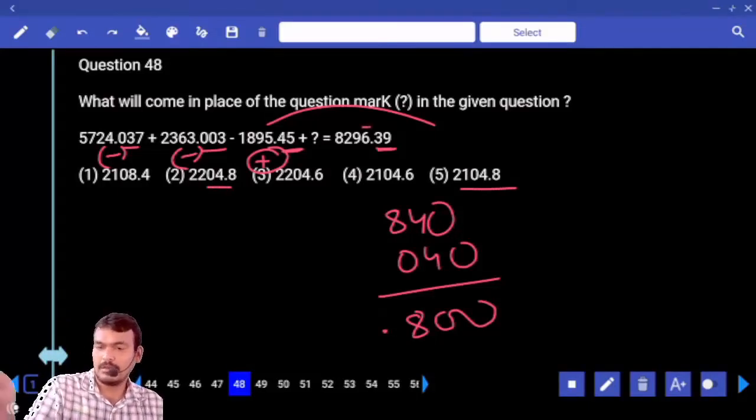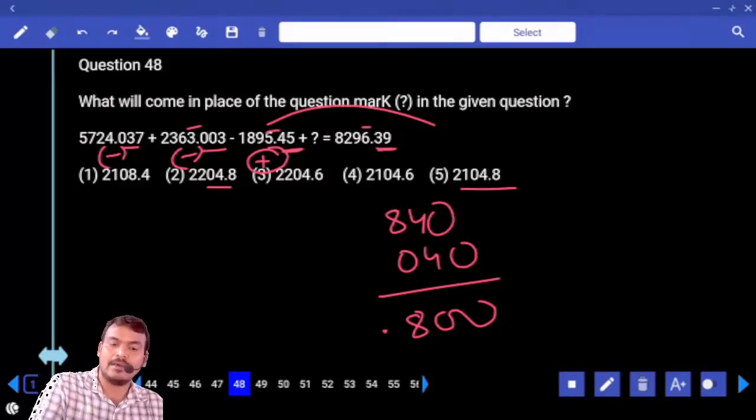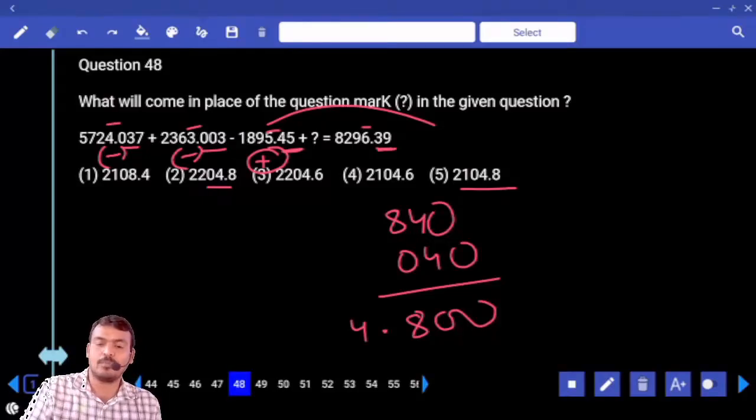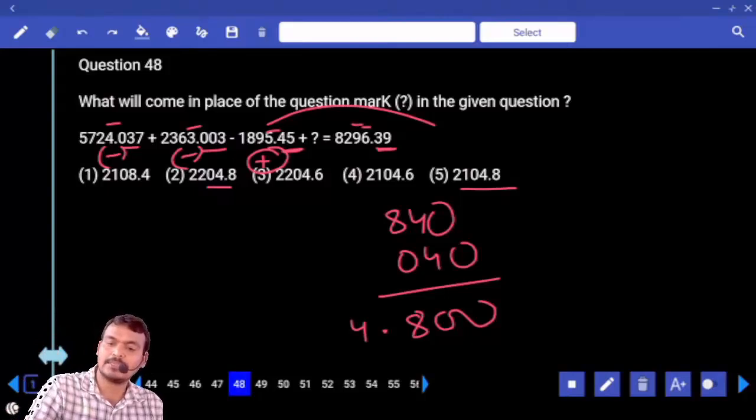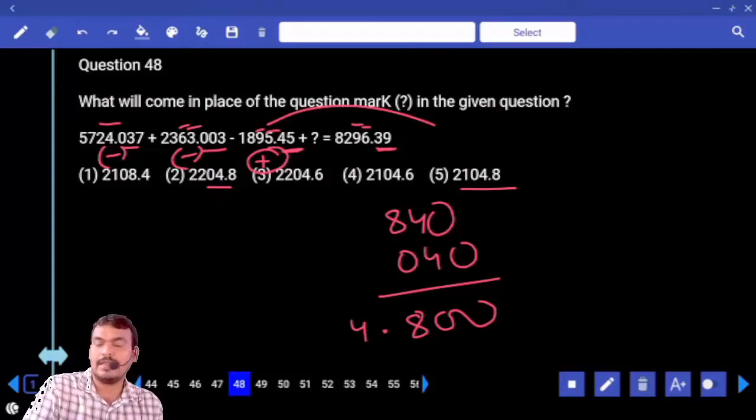6 plus 5, 11. 11 minus 3, 8. 8 minus 4, 4 అన్నట్టు. Ending with 4.8 again 2 options అన్నట్టు. Next, 9 plus 9, 18. 18 minus 6, 12. 12 minus 2, 10 అన్నట్టు.